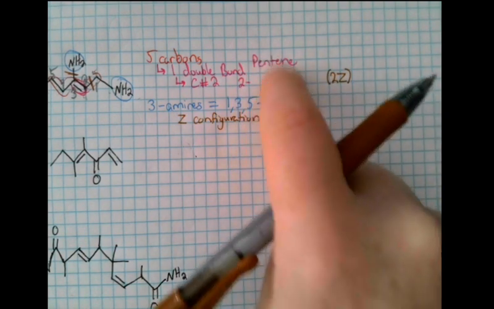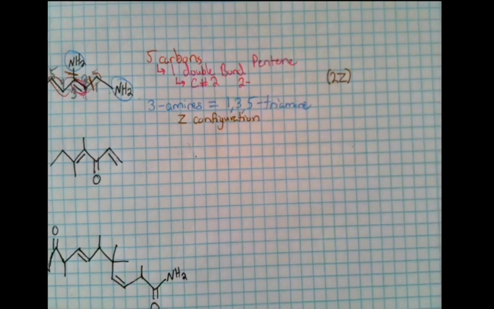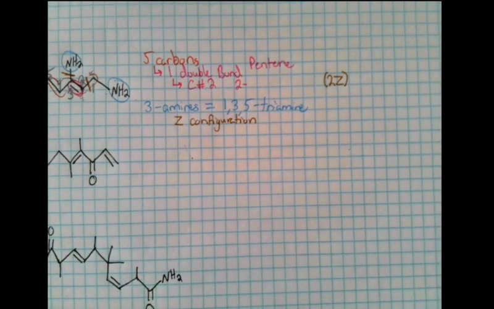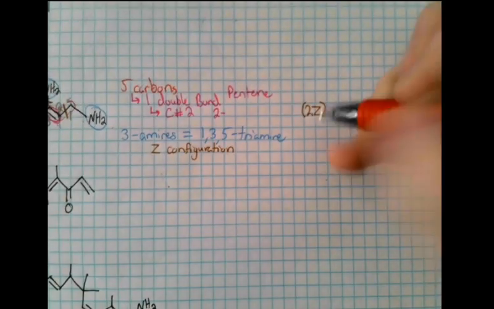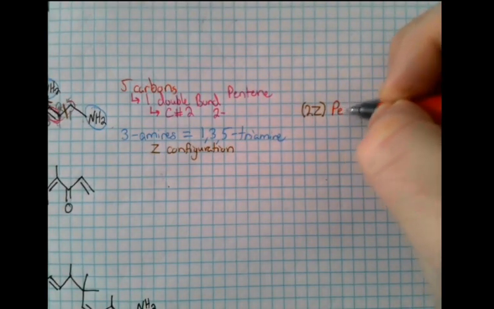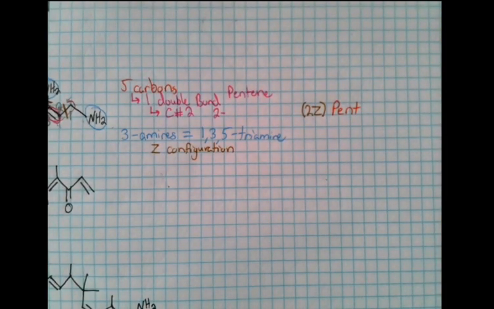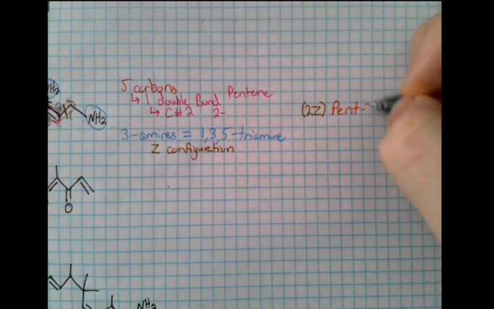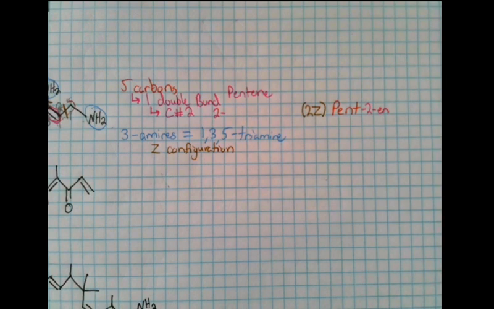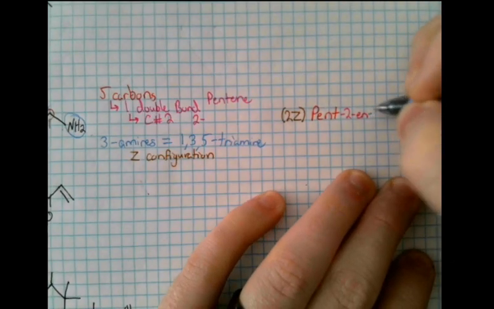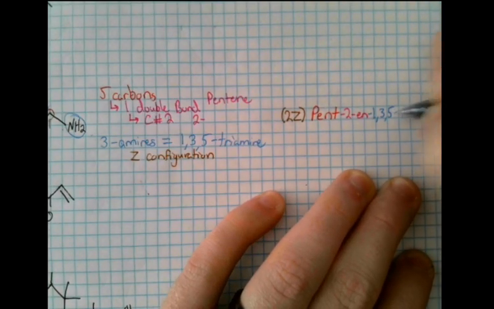And then we need to have a 2 in here to tell us that it's going to be on that double bond. So we're going to do (2Z)-pent-2-ene-1,3,5-triamine.